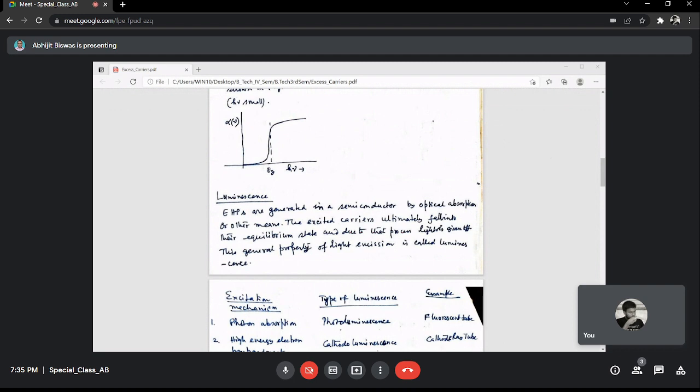Then please contact your course coordinator, Shampa ma'am, in case of any difficulties. And your general coordinator is Shumitra ma'am. And if in case of any other problem, if they cannot solve it, then you contact me.